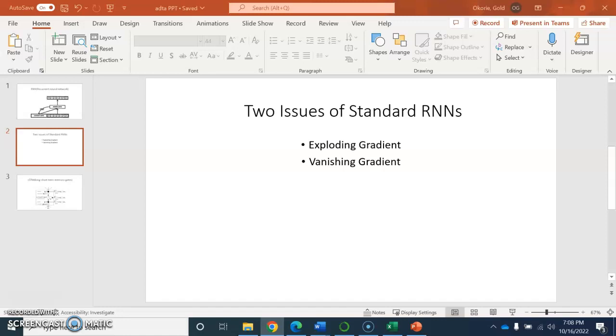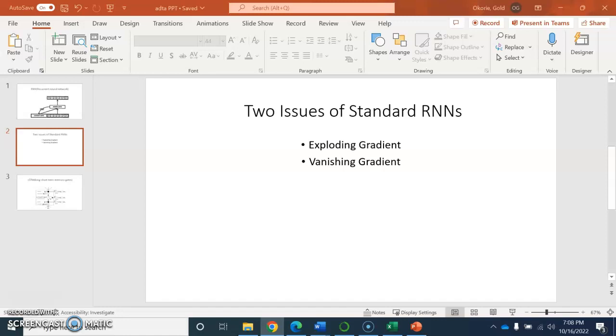Another issue an RNN faces is the vanishing gradient. A vanishing gradient simply means when the values of your gradients are too small and the model stops learning or takes way too long as a result.